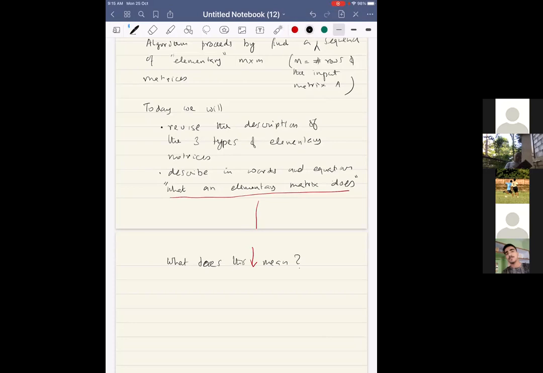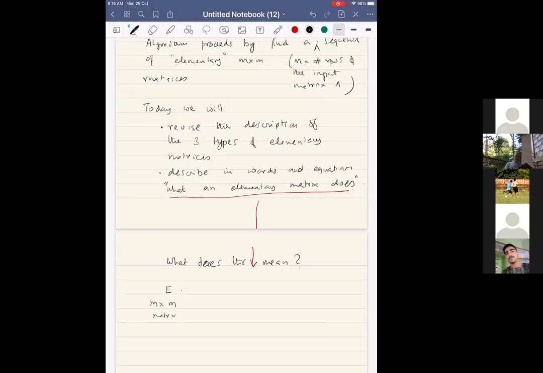It means two things, and I'll explain both. Okay, so take an elementary matrix E. This is an m cross m matrix.